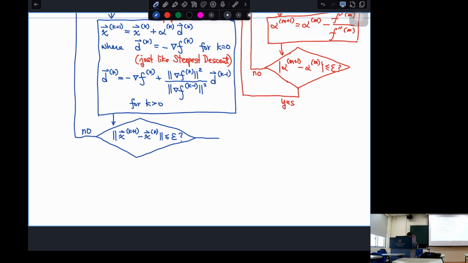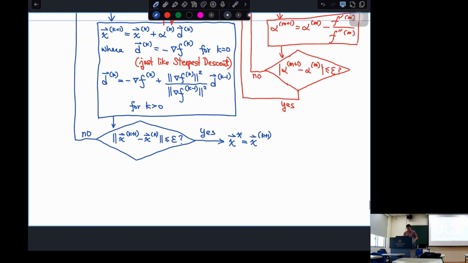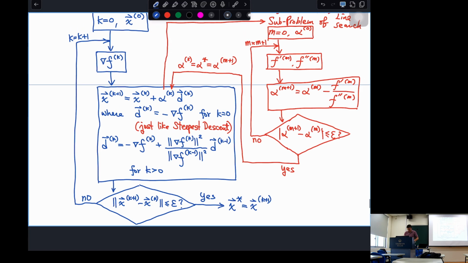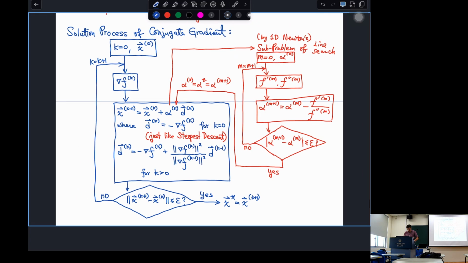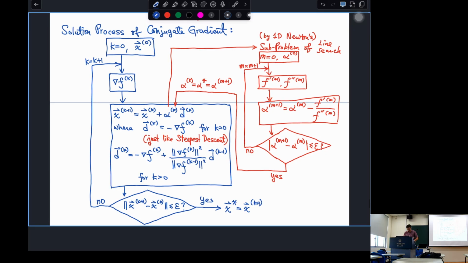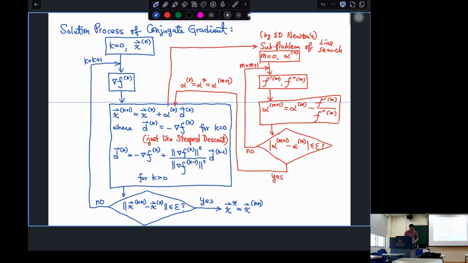If yes, x star equals xk plus 1. Okay, so this is the final solution process of the conjugate gradient method. I'll give you some time to digest.